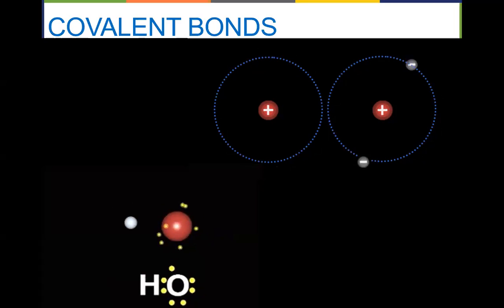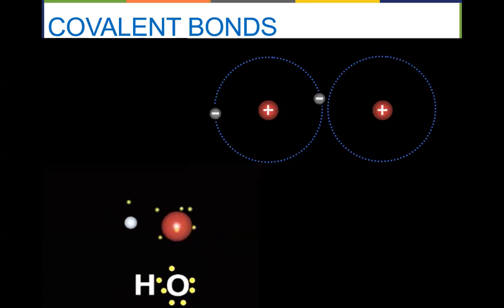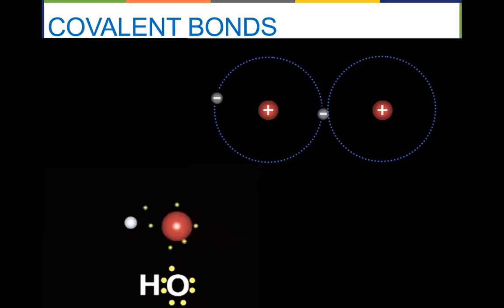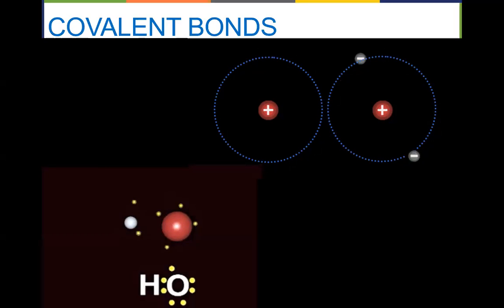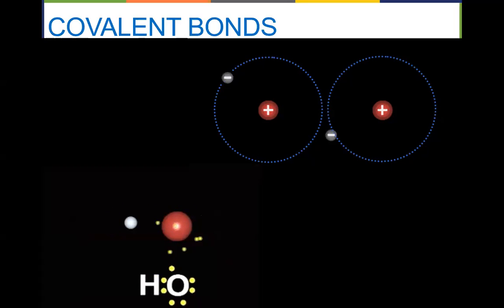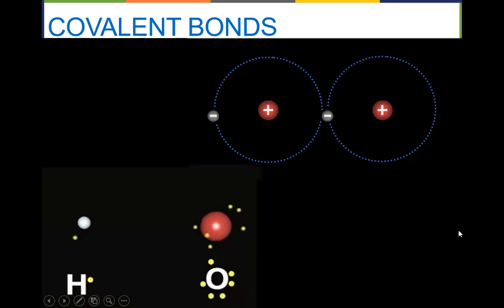We've had a chemical change to the molecule that's formed. Atmospheric oxygen is different than elemental oxygen. Atmospheric oxygen is breathable. We can use it. We can't use elemental oxygen. So we've had a chemical change thanks to the covalent bond.